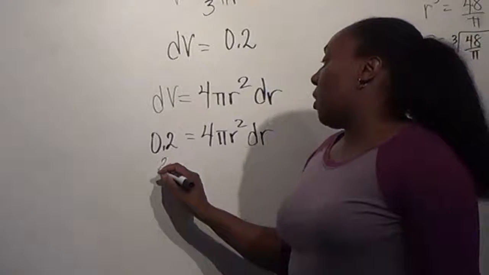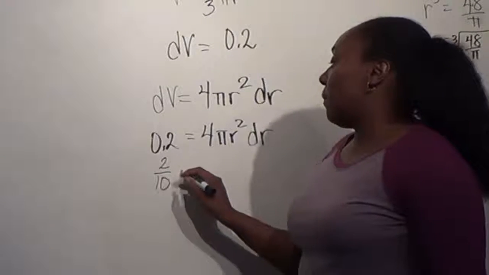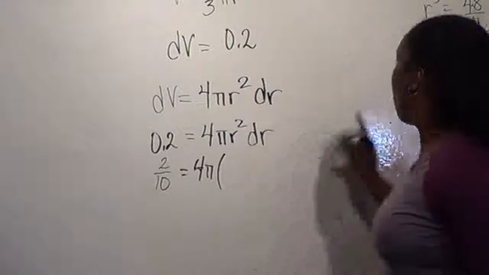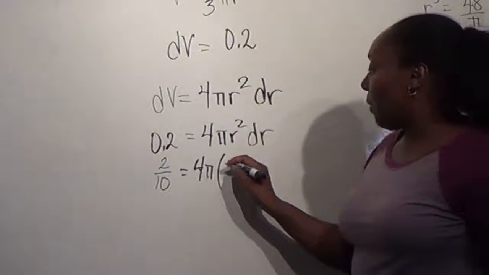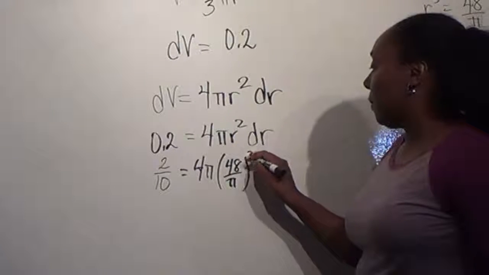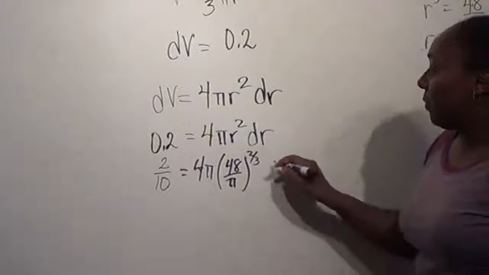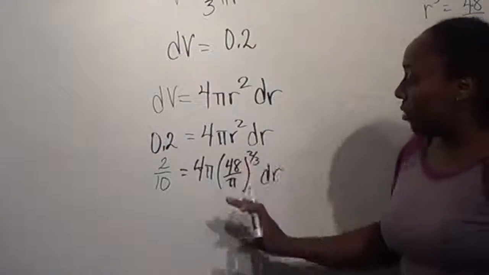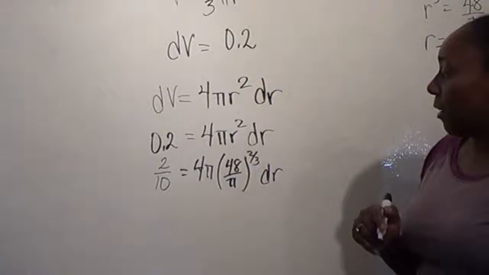So I'm going to rewrite that as 2/10 equals 4 pi times our cubed root of 48 over pi, squared. And we can use that to solve for dr by just moving everything to the other side.